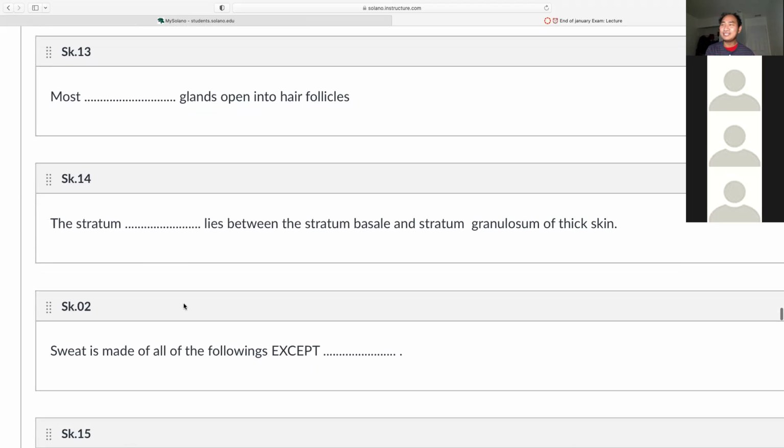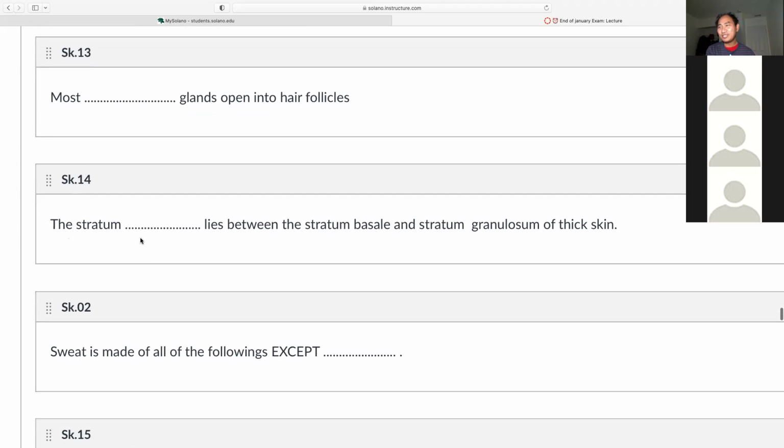Which stratum lies between the stratum basale and stratum granulosum? Spinosum. Okay, let's remember the 5 layers of the skin.